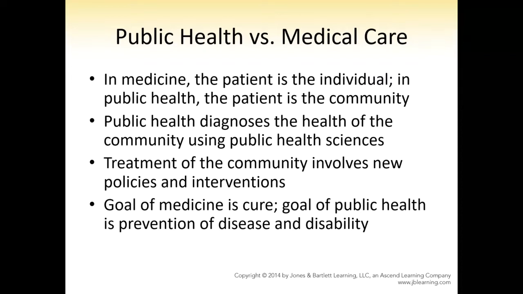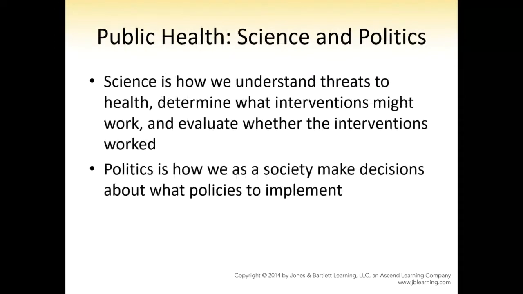And when we think about treatment of a community, it's not getting a shot or giving antibiotics. It really involves new policies and interventions that are aimed at a bunch of people, not just one person. We think about the goal of medicine is to cure, whereas the goal of public health is prevention of disease and disability.